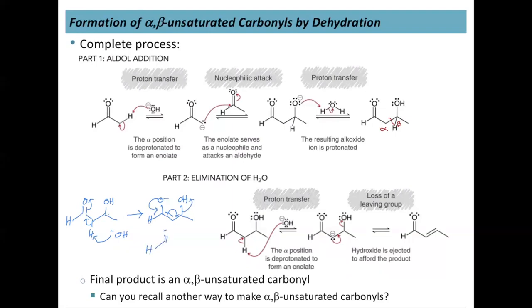And so in the end, we end up with the exact same product, the alpha beta unsaturated carbonyl, but not through an E2 reaction. Again, if you just happen to show the electrons coming in here and then you come over and kick that out, that would be an E2 mechanism, which this is not.